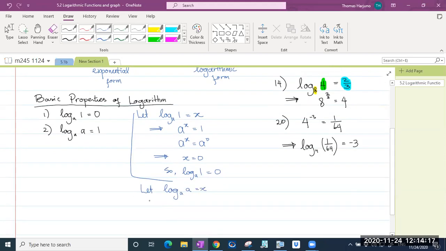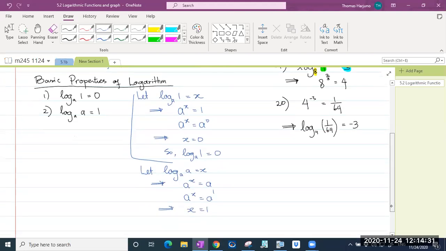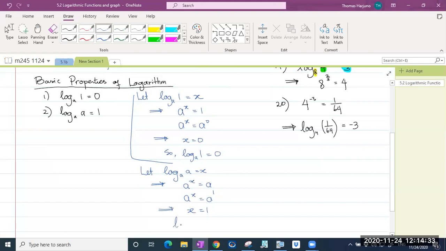Then you rewrite it into exponential form, a to the x equals a. But a is a to the 1. Therefore, x equals 1. Then log base a of a is equal to 1.